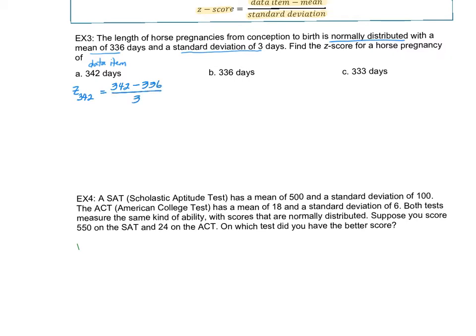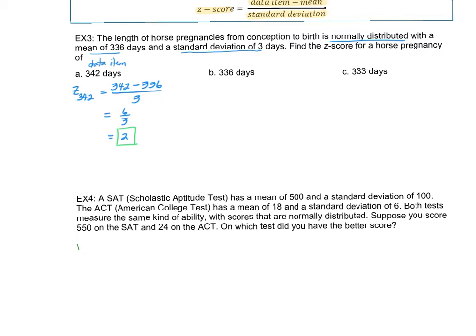In this case, it's 3. 6 over 3 reduces to 2. What this is telling us is that the data item of 342 days is 2 standard deviations above the mean of 336. And it's above because it's a positive 2. So if the z-score is positive, your data item is above the mean. If the z-score is negative, your data item is below the mean.